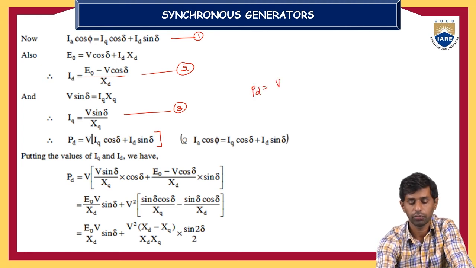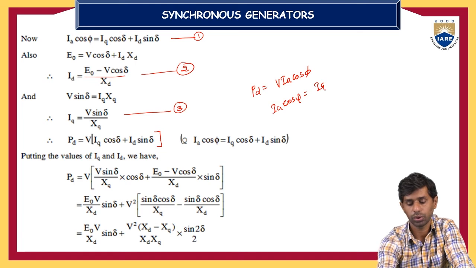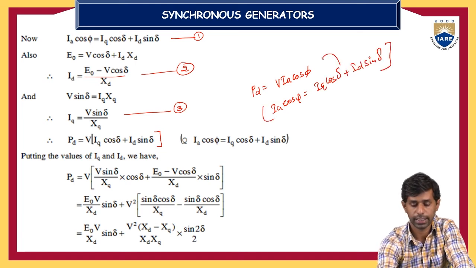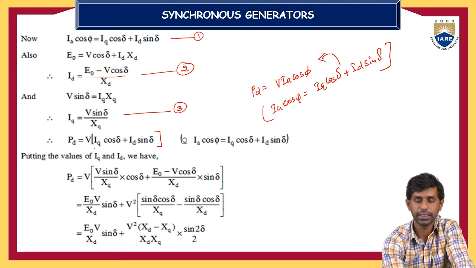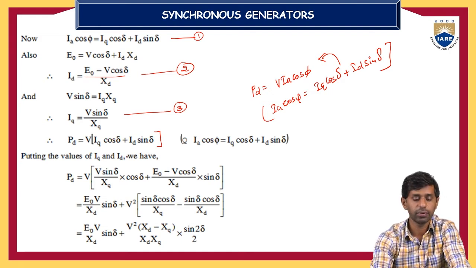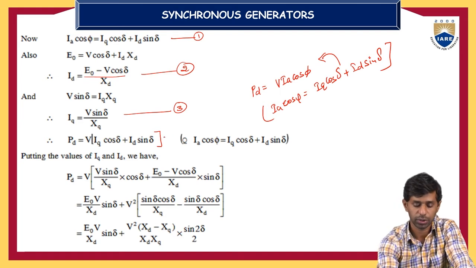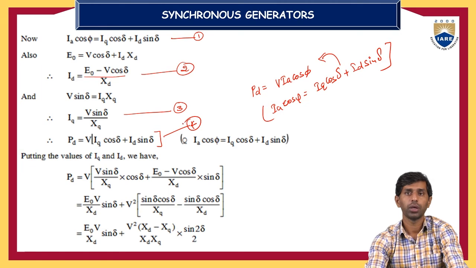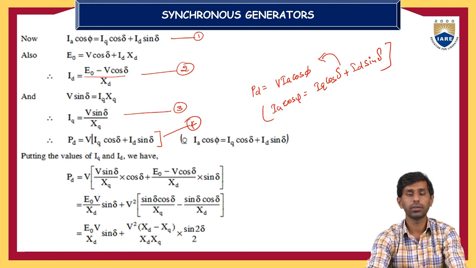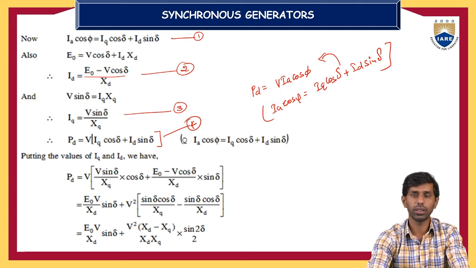We already defined Ia cos phi in equation number 1 as Iq cos delta plus Id sin delta. Substituting this in the expression, we get Pd is equal to V times Iq cos delta plus Id sin delta. Let us name this equation number 4. Substitute the Iq and Id values from equation number 2 and equation number 3 in equation number 4.